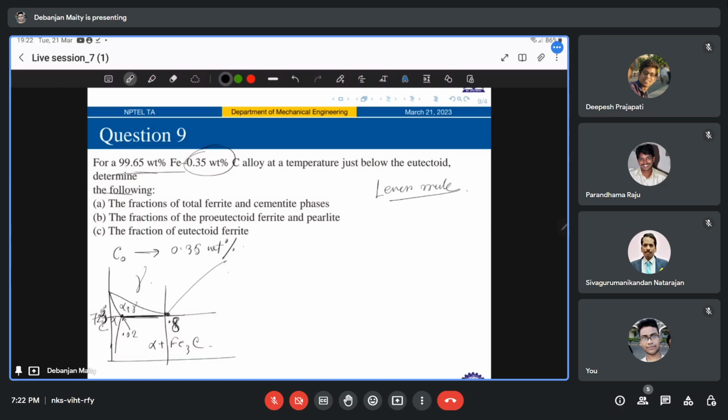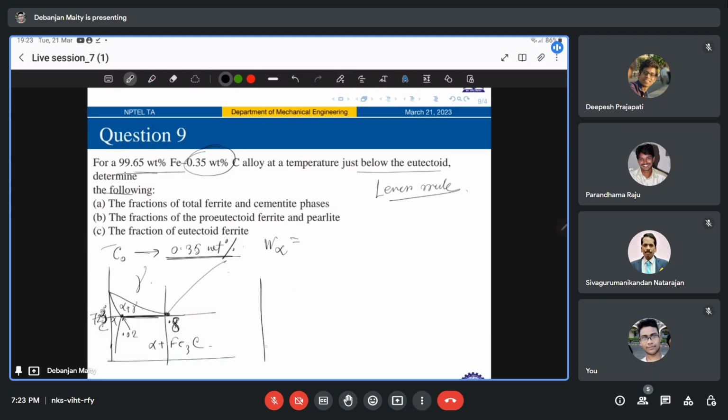What will be the weight percentage of alpha here for 0.35 weight percent? It says just below the eutectoid.